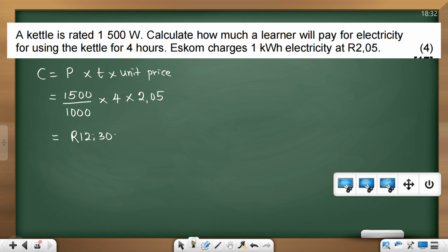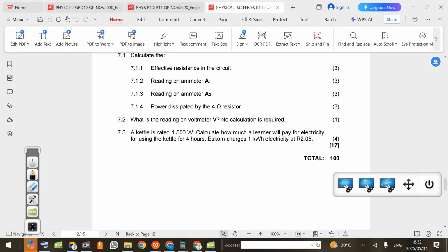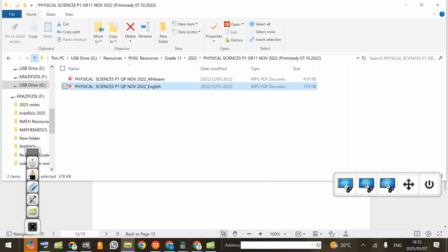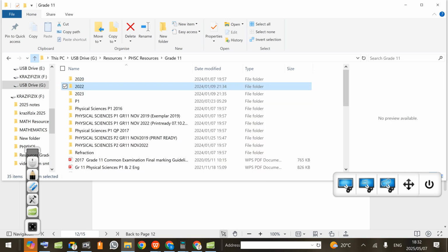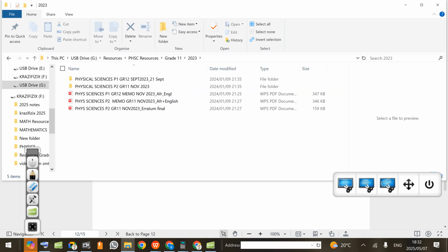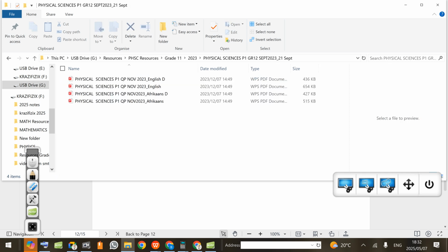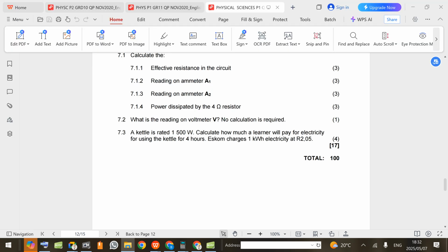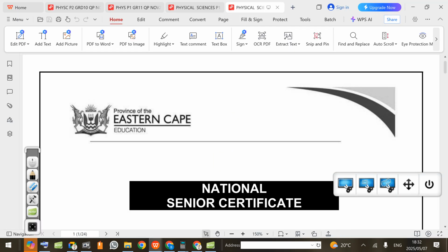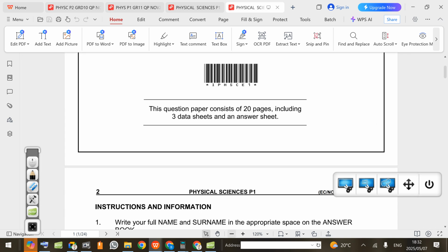Everybody okay with that? Let's do one more. I need to find one where these ones feel easy. Because they are. Okay, let's see if we can get one where we have to calculate the power. They are quite easy. Cost is quite straightforward.